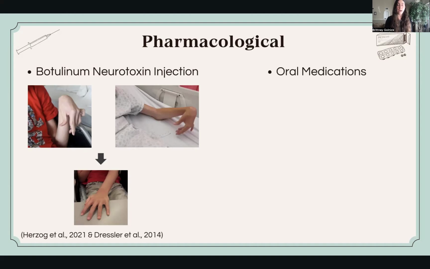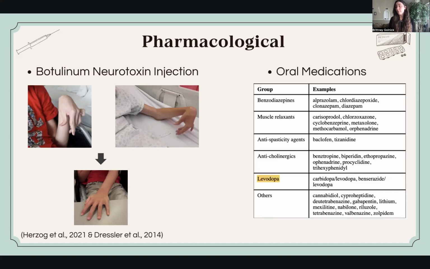And not only that, but you also have oral medications. There are a lot of different oral medications that are used in dystonia. It really just depends on how it's classified and what type you have.